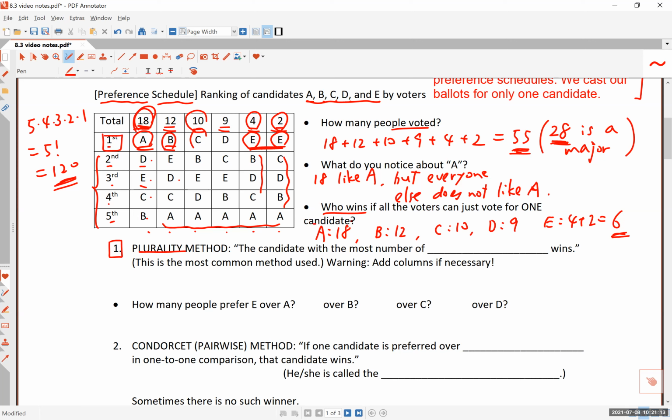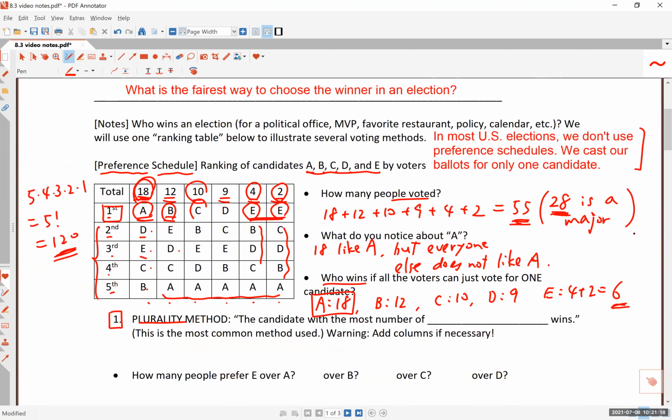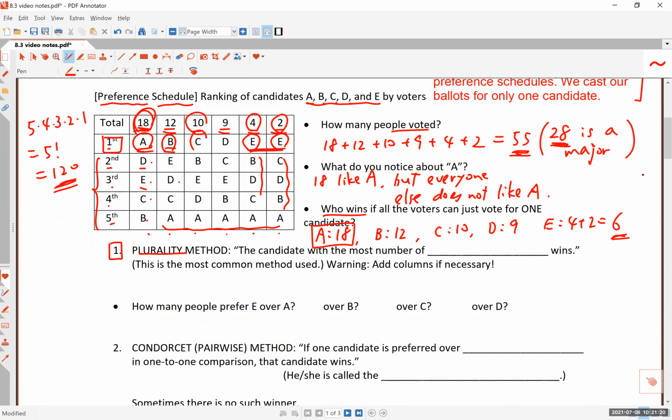Of course, that's much fewer than others. So it looks like if everybody wrote one name, as we do in many of the elections in the United States, A is going to win, and that is the plurality winner. This is our method number 1, which is the most frequently used method in the US.